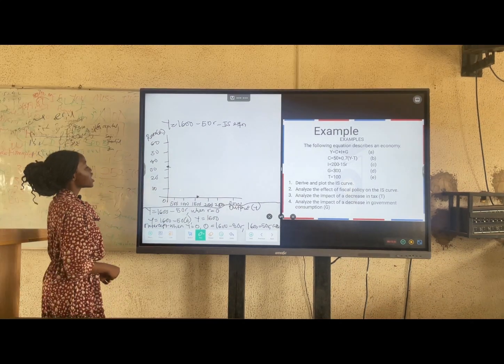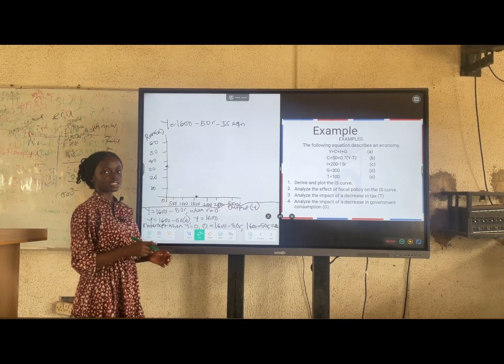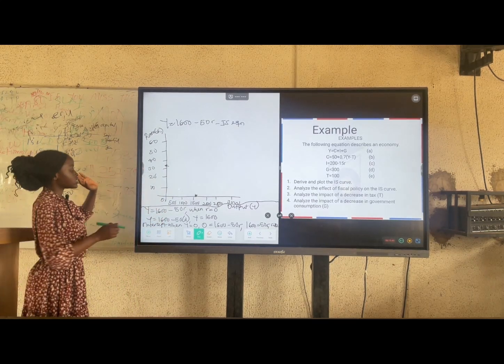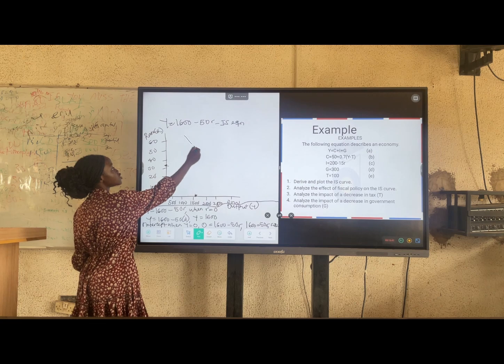So we're going to be inputting the different levels of r in order to get a slope like this.